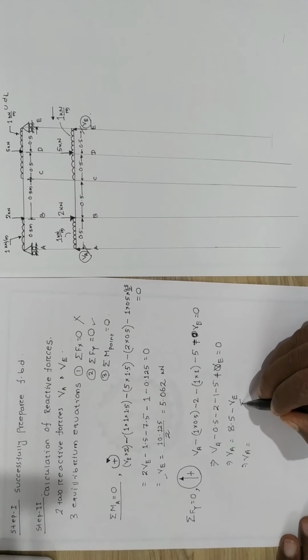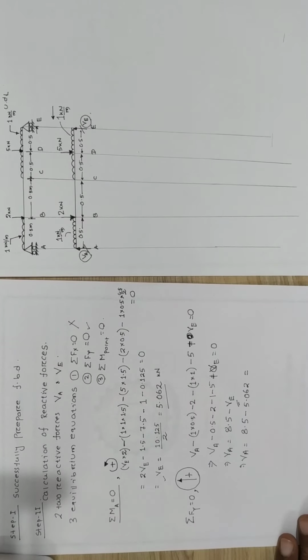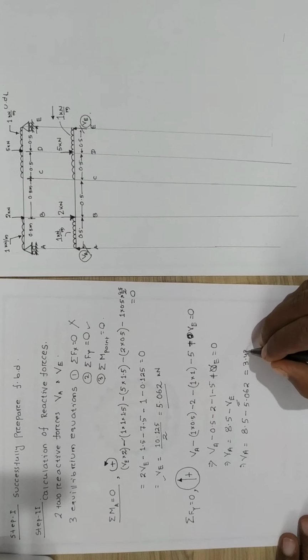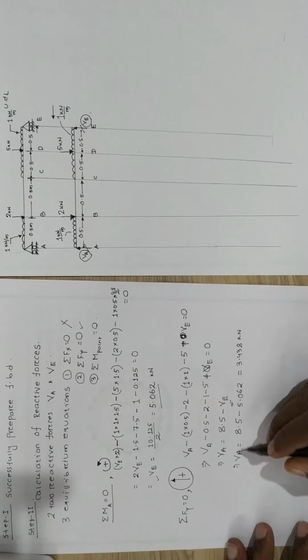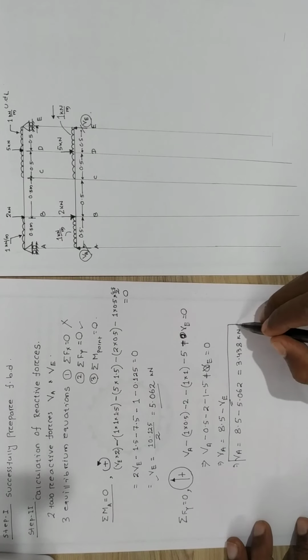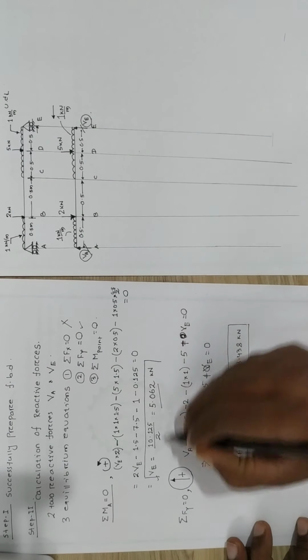This VE we have calculated here as 5.062. So this will be 8.5 minus 5.062, which is around 3.438 kilonewton. Okay, so the reaction forces have been calculated successfully. We have calculated the reaction force at A and at E. This is over.